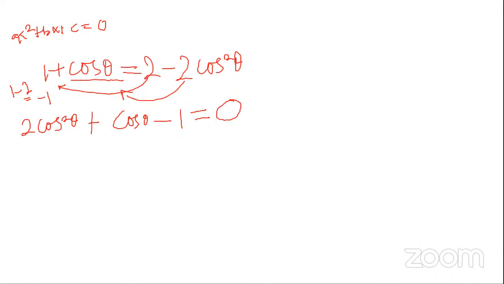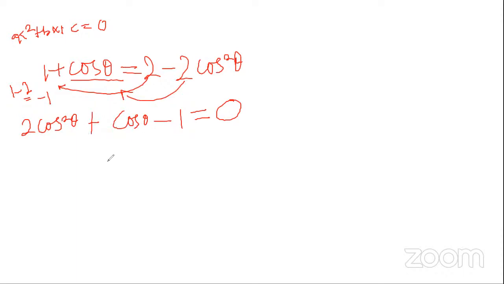When we get here, we can choose a method that is convenient for us. One may decide to let cos theta be x and then solve the equation, or you can work with the cos and the sine.